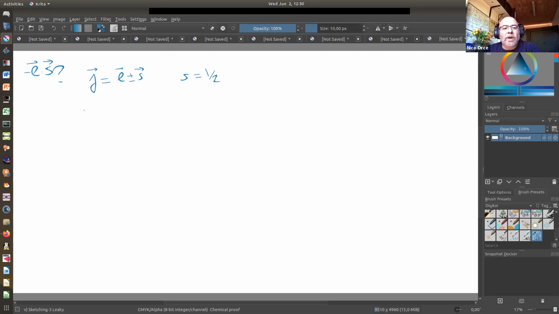And we are going to do the following. J square is going to be equal to L square plus S square plus 2 L dot S. And from here, we deduce that L dot S is equal to J square minus L square minus S square, divided by 2.